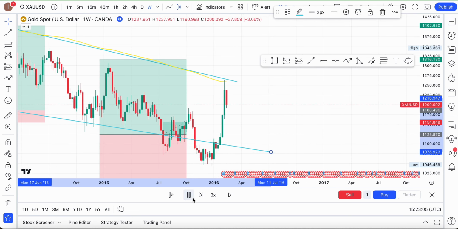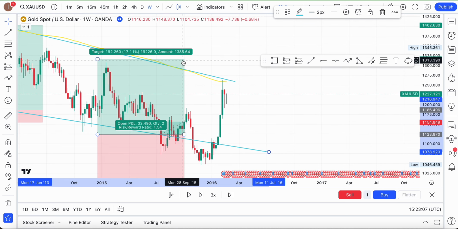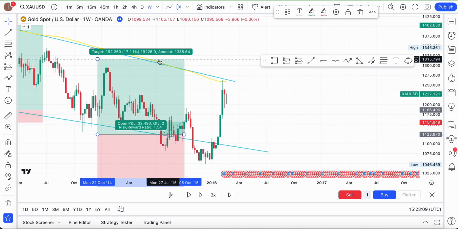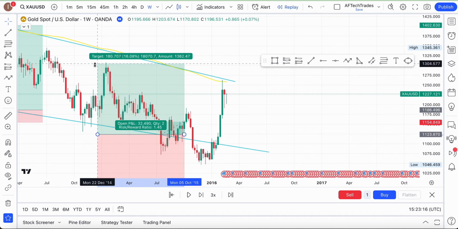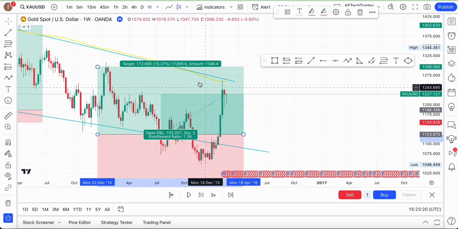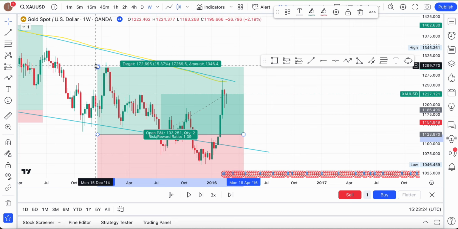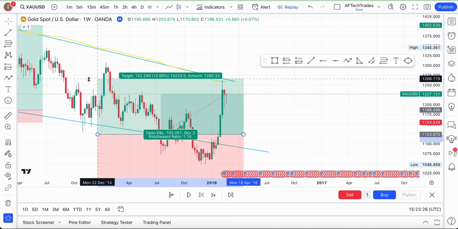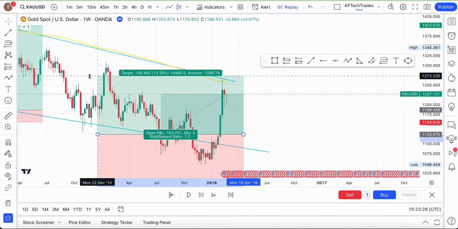It has already hit our take profit here. Let me extend this one. It has already hit our take profit, actually, because it got to our trend line, right?